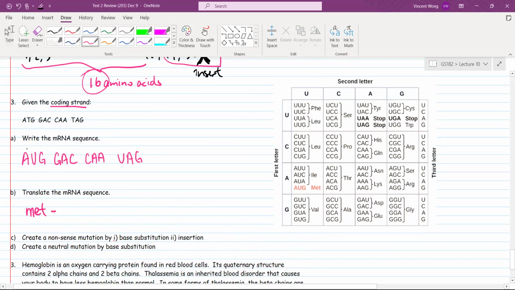You should know that. That's a start codon. GAC: GA, and then look for C right here. That's ASP. CAA is GLN. UAG is stop. That's all.